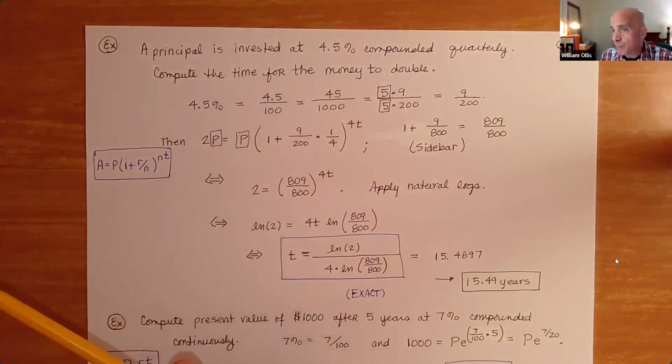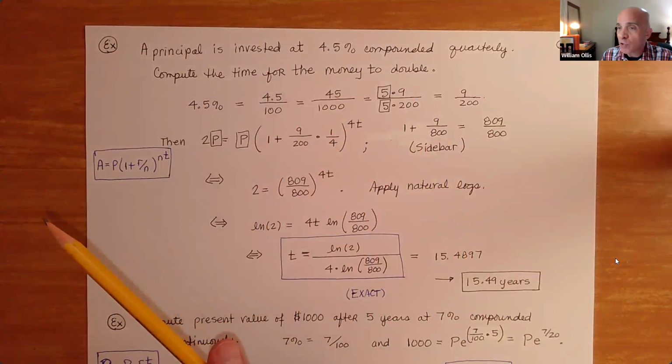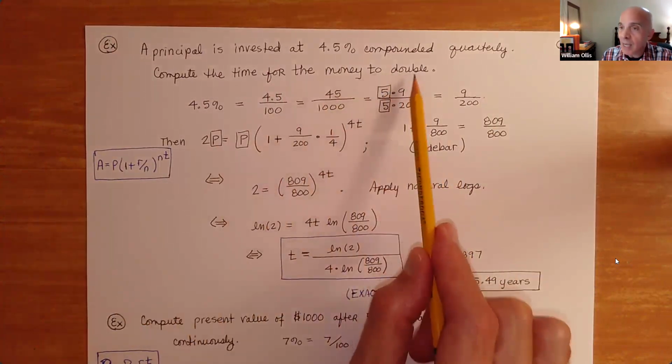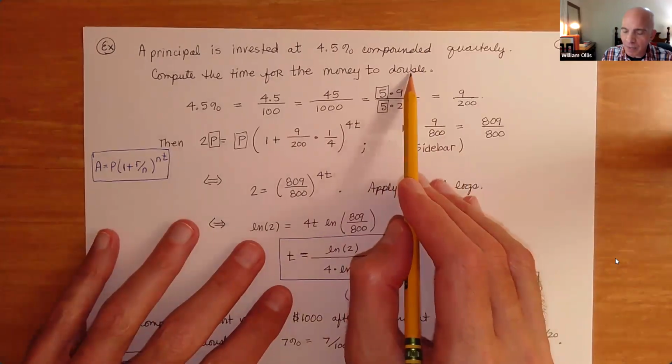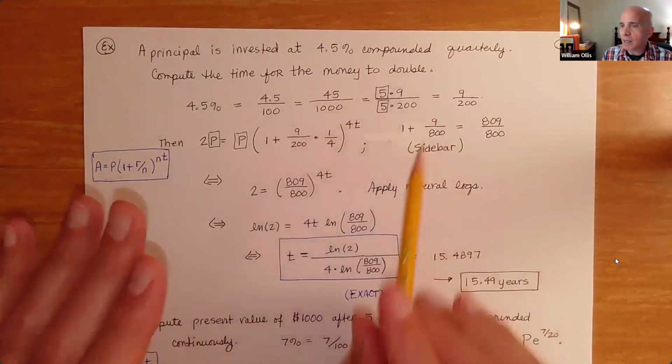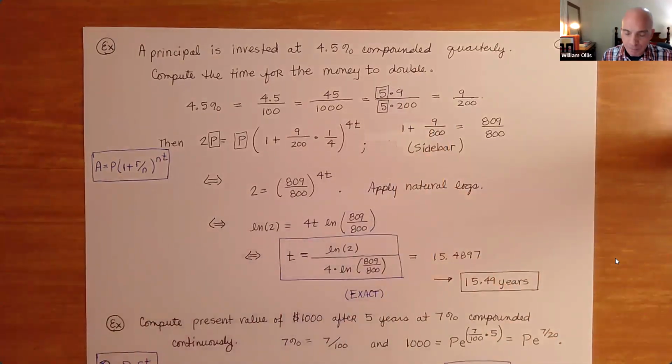You could say triple, quadruple, whatever. You can replace this with any compounding that you like if you want to see 5 times as much, or 4 times as much, or 3 times as much. This is certainly not specific. You can change it as you need.